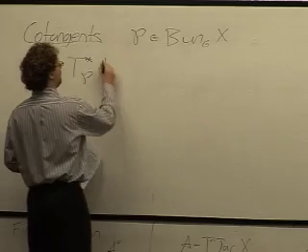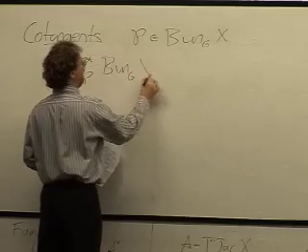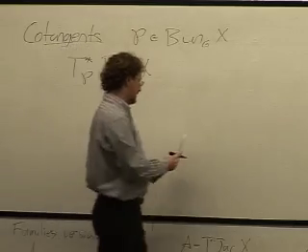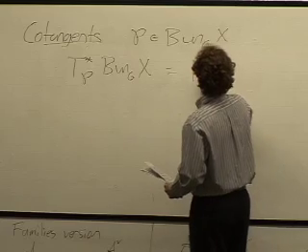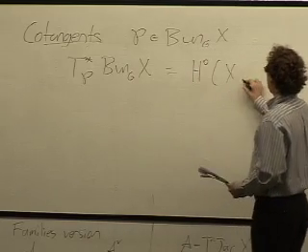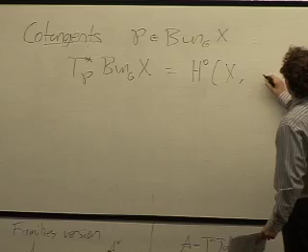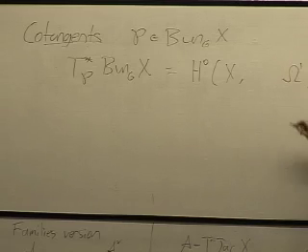So we look at the cotangent bundle of Bun_G of X, and the claim is that this is the space of holomorphic sections of one forms, but twisted.